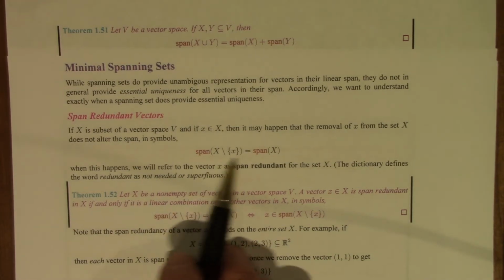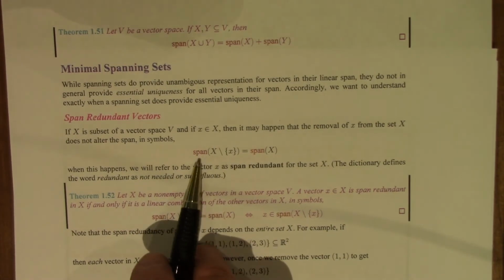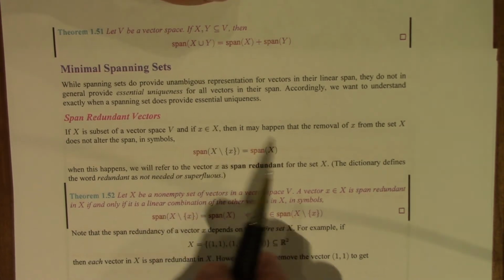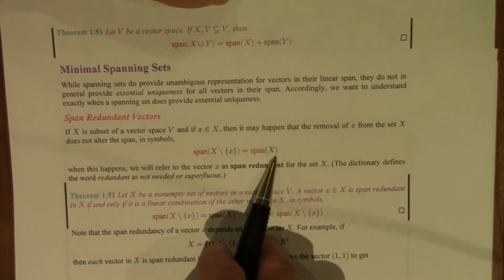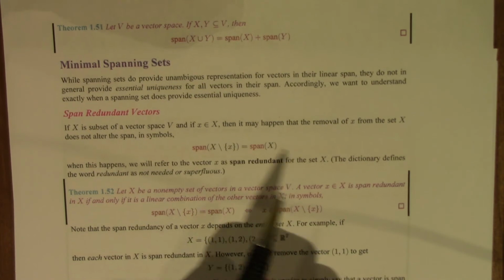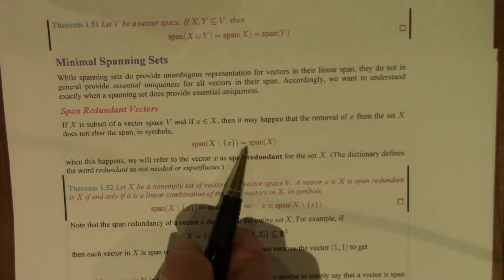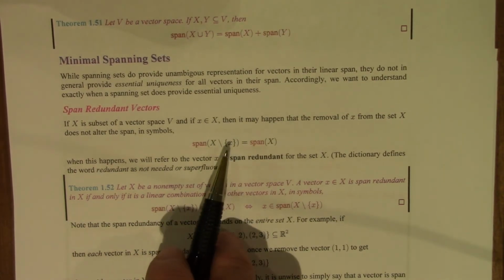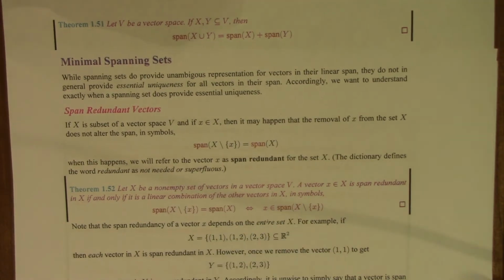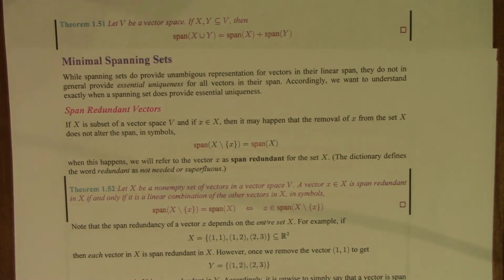So that would look like this in symbols. The span of X minus little x is the same as the span of X. When this happens, we will refer to little x as span redundant for the set X.